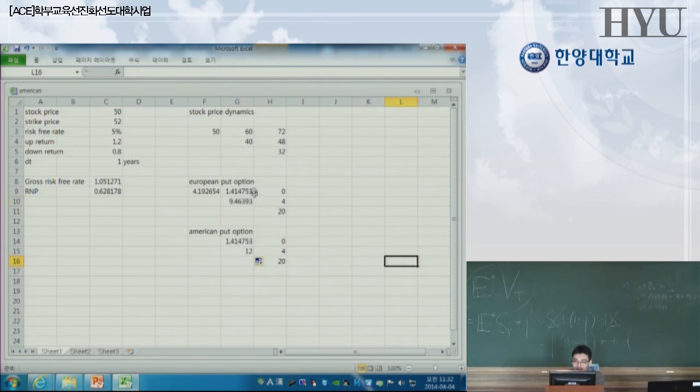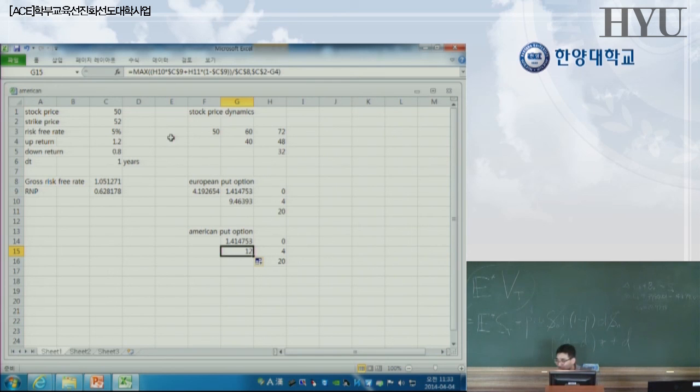Let's check. At this point, when stock price is 40, if we don't exercise the put option, it becomes like a European option. So if we don't exercise, my option value is 9.46393, right? But if we exercise the option right now, stock price is 40, strike price is 52, so I can make $12.